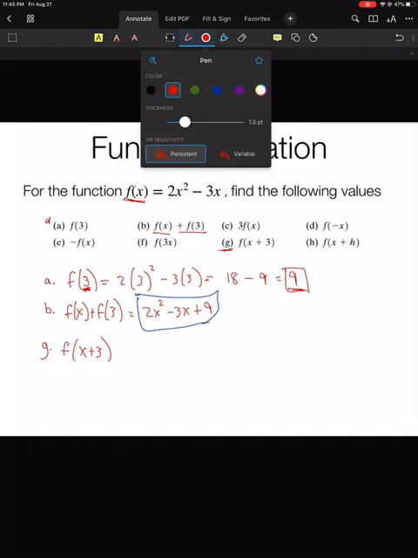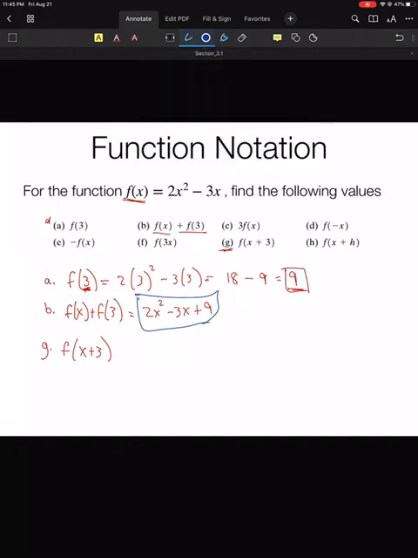What this is saying is that I want you to replace, I have x plus 3 here. That's my input. So wherever there used to be an x, which is here and here, I replace that with the quantity x plus 3.